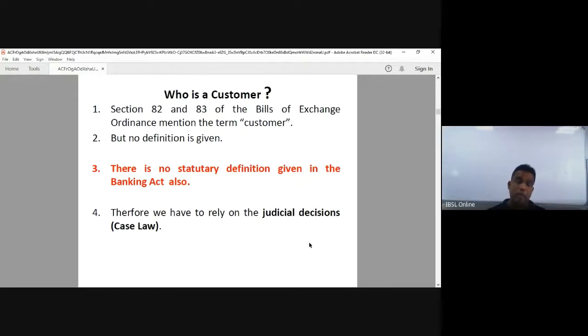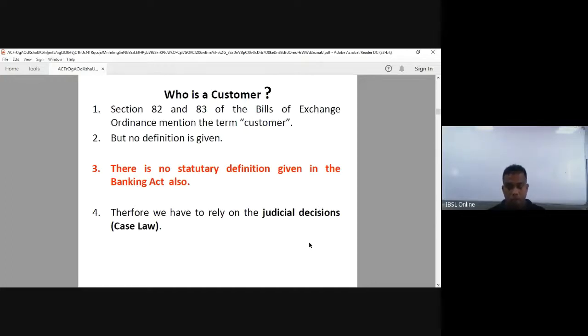You remember the banking industry, or banking law, is governed by English law. So when there is no provision in the statutory law, the judge has to give an interpretation to the word customer based on judgments given by previous judges, especially judgments given in English or British courts.